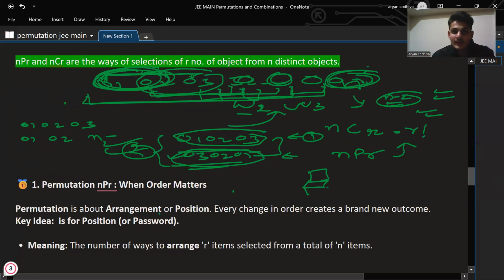But when order matters, like you have chairs. Let's say you have 3 chairs. This is chair one, this is chair two, this is chair three.